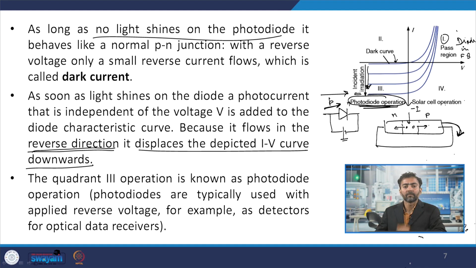One of the most popular and common applications for a photodiode is that when light is incident on the photodiode PN junction and current is produced, the photocurrent intensity is directly proportional to the irradiation, how much radiation is falling.